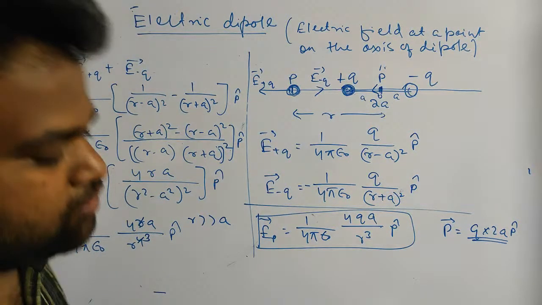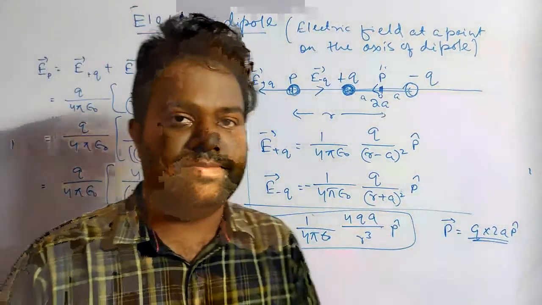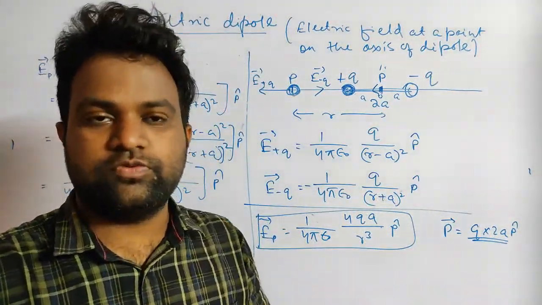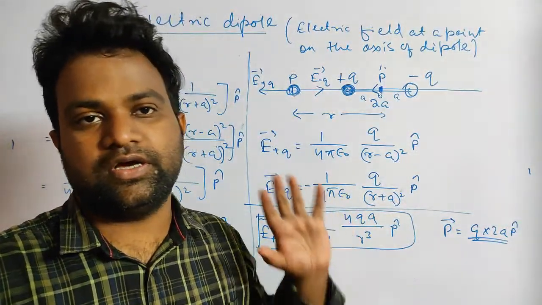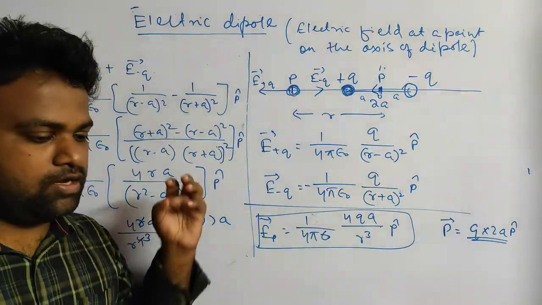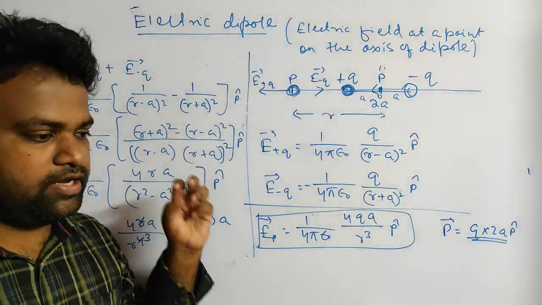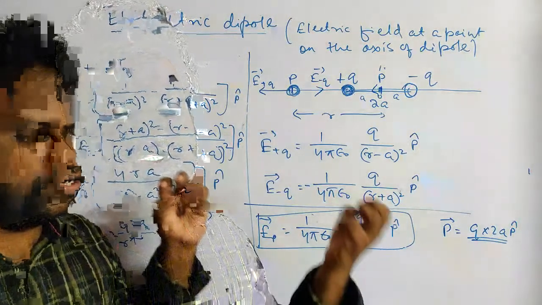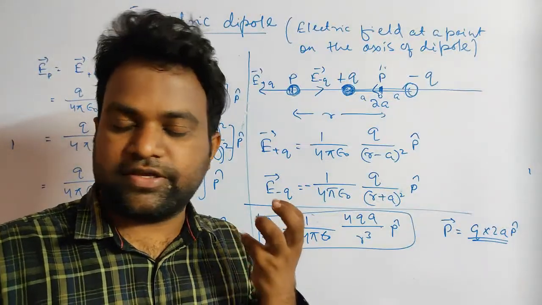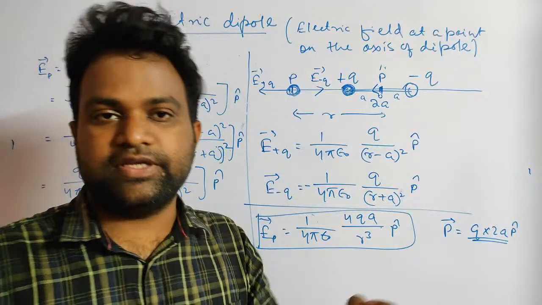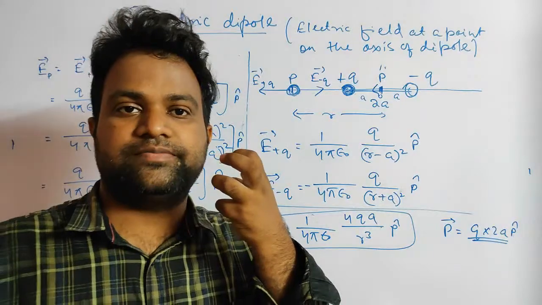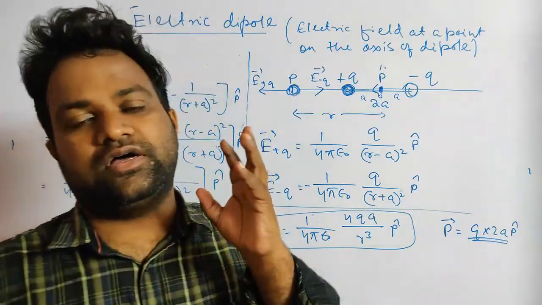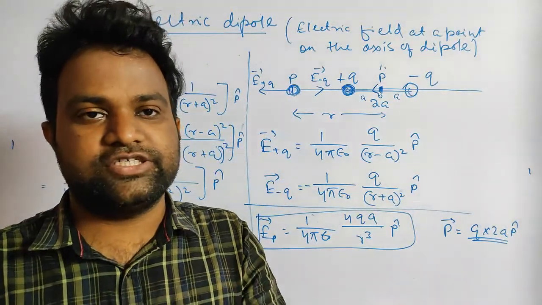So this question comes many times in the board exam, and you can practice these questions, okay. Tomorrow again I will come live at this time, and we will discuss the electric field on an equatorial plane, and we will solve a few questions, and also we will discuss what will happen if you keep the dipole inside an external electric field, maybe uniform, maybe non-uniform, and then electric flux, Gauss law, and application of Gauss law.